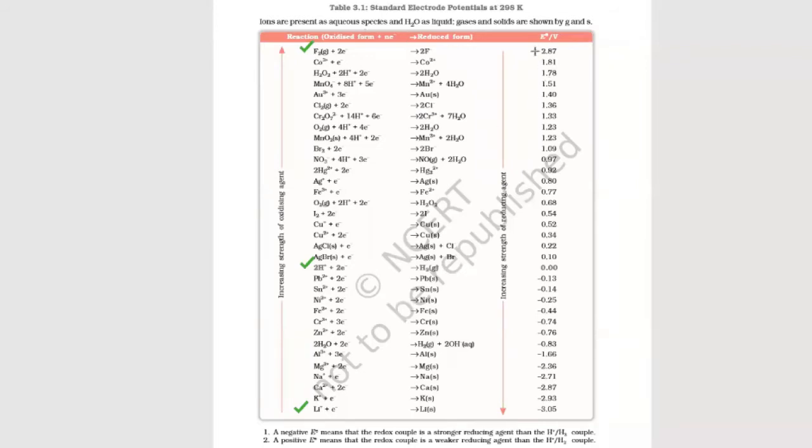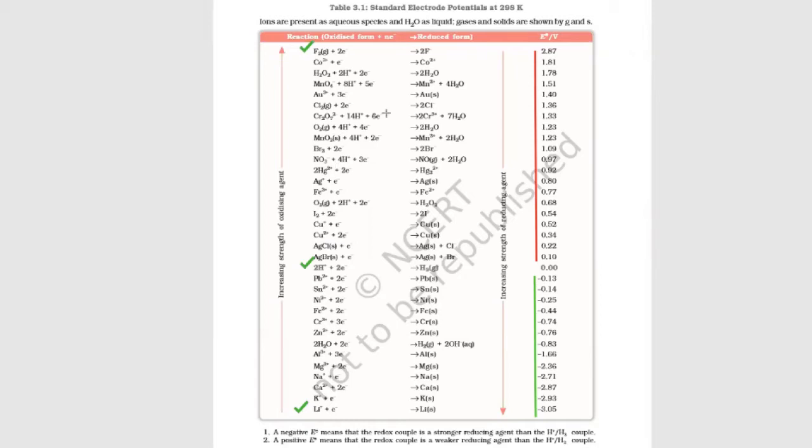Here you can see all of them till here, they all are positive. And then you see the next part on the other side, what will happen? These all are negative. So you can see the upper ones are positive, the lower ones are negative, isn't it?